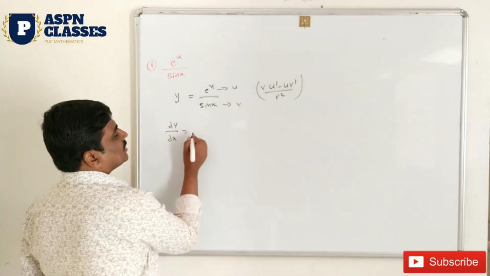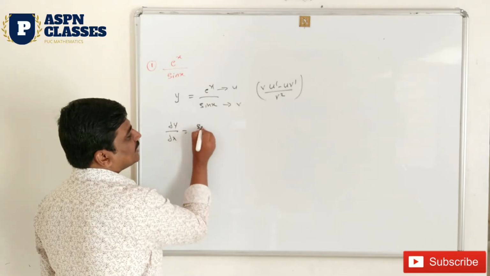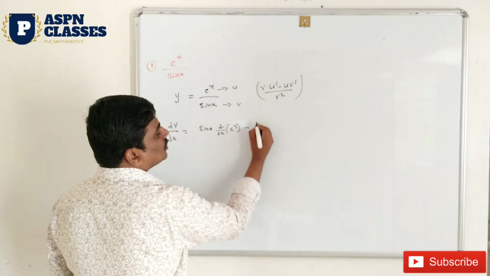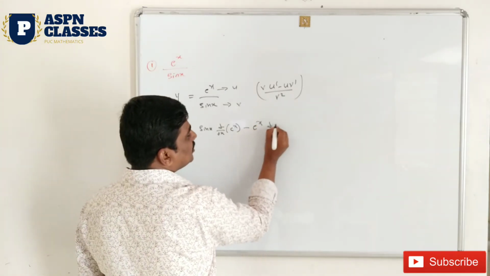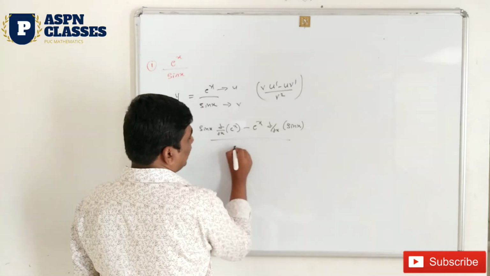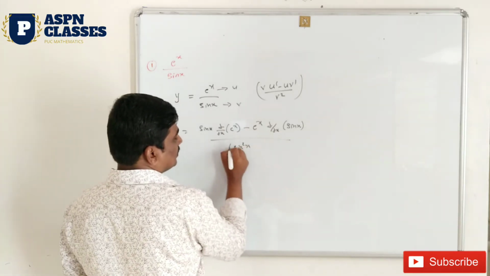Now I am going to apply this result. v is sin x times the differentiation of e raised to x, which is u, minus e raised to x times d by dx of sin x, the whole divided by sin square x.